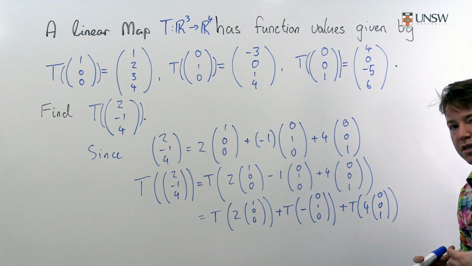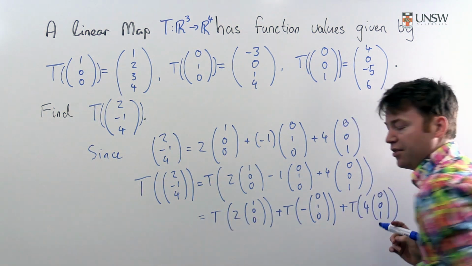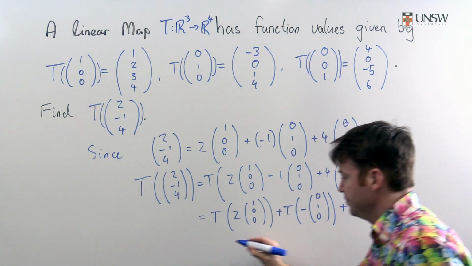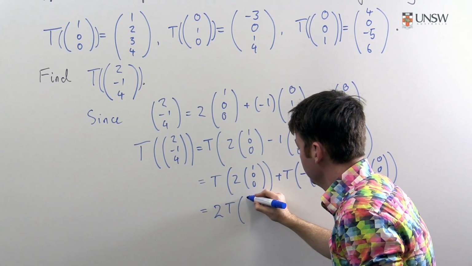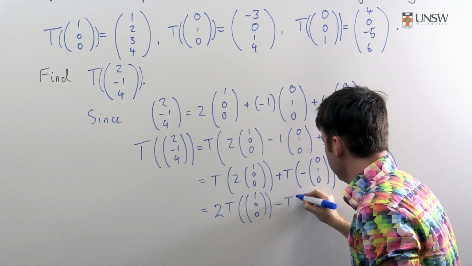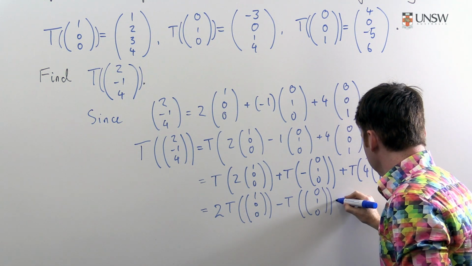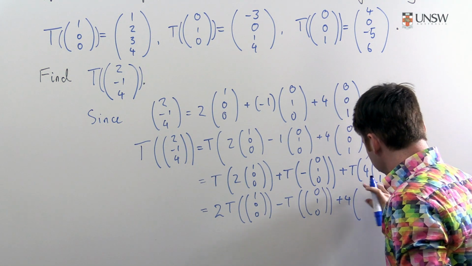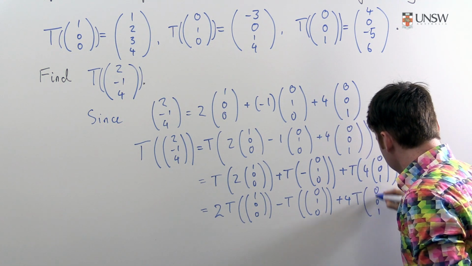And now I'm going to use the scalar multiplication property of T to bring these scalars outside. So this is 2T of (1, 0, 0) minus T of (0, 1, 0) plus 4 times T of (0, 0, 1).